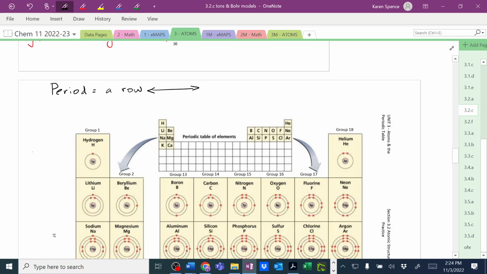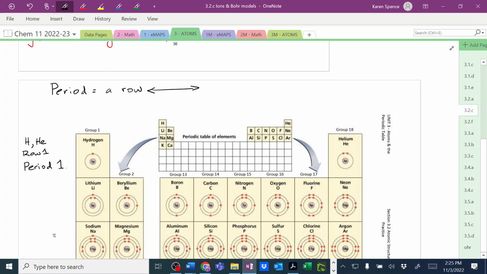So this right here, hydrogen and helium, those two are in row number 1, so they are in period number 1. It's kind of a funny row because it gets split. You've got hydrogen, and then you've got a gap, helium. Yes, that's period number 1.